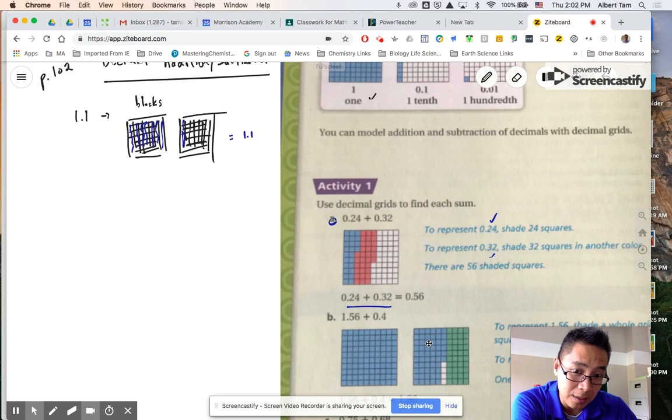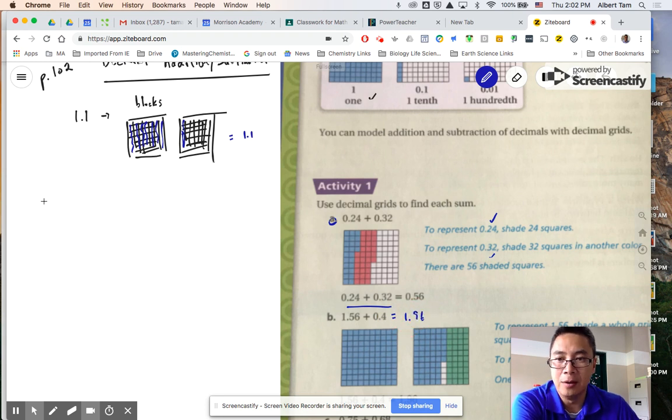So 50 blocks, and since it's 56 hundredths, you can see there's 6 in here. In green, they colored in the 4 tenths, like so, and then you just count them all up. In this case, it's almost 2 of the full blocks, except for 4 white spots. So that should tell us that this adds up to 1.96, or 1 and 96 hundredths.